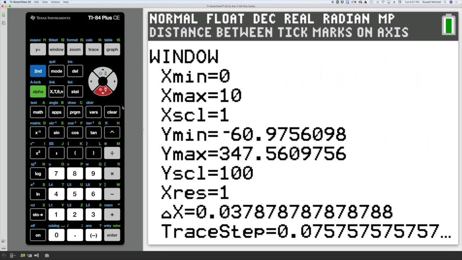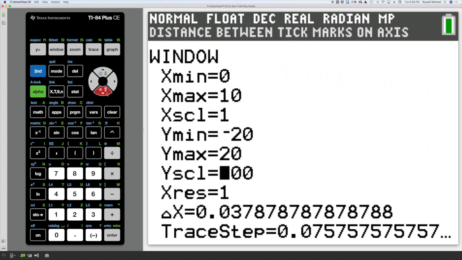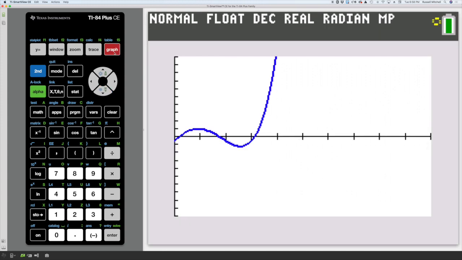And x scale 1, y min negative 20 to 20, since I don't know what the position will be, and let's go by 2s on the y scale. Okay, so it's happening right here, right? That's the time where the position is 0.